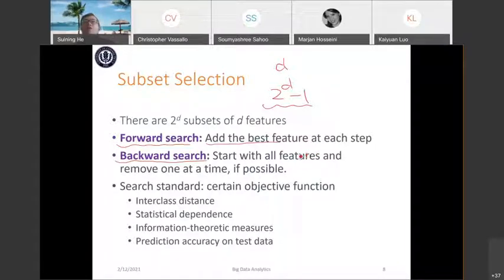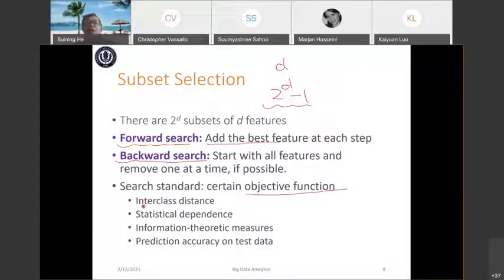So forward search is to add features, and backward search is to remove a certain set of features. These two are similar, but we need to be careful about how we design certain performance metrics, say the objective functions. There are multiple different ways to evaluate that, and it highly depends on the application scenarios.